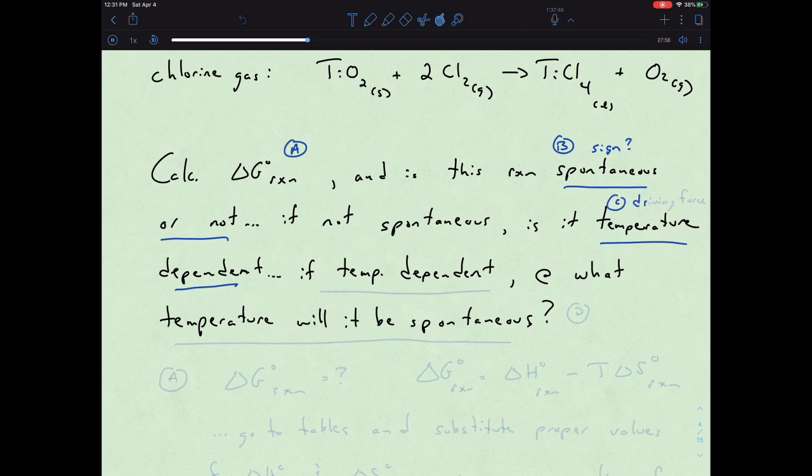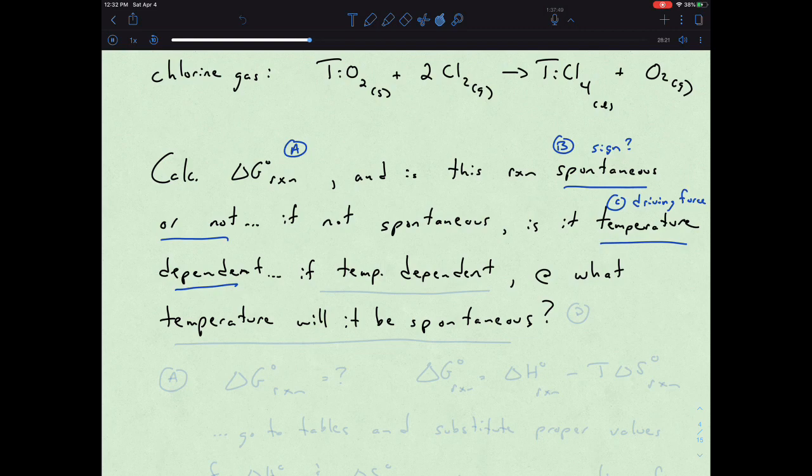That's going back to this idea of driving force. Are both things driving forces, or is only one driving force? Or are none of the ideas of delta H and delta S the driving forces? So that's our temperature dependence.